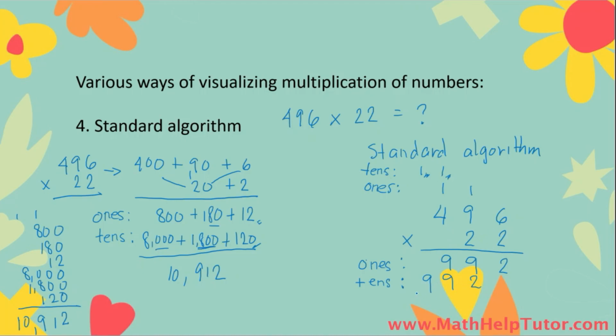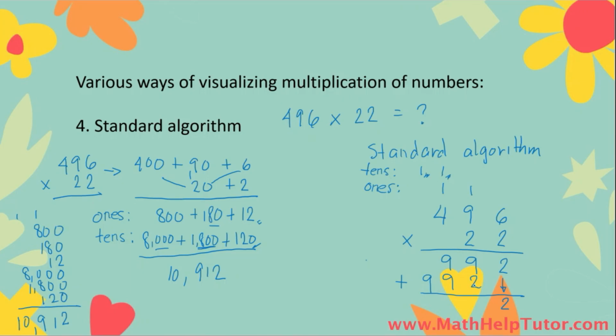Next, what we're going to do is we're going to add both of these answers. Let's just put a line to separate our answer from these numbers. Let's put a plus sign here. So remember, this was supposed to be a 0, right? But we just disregard it. So when we add, it's actually 2 plus 0, but we disregard 0, so we're just dropping the number 2 over here.